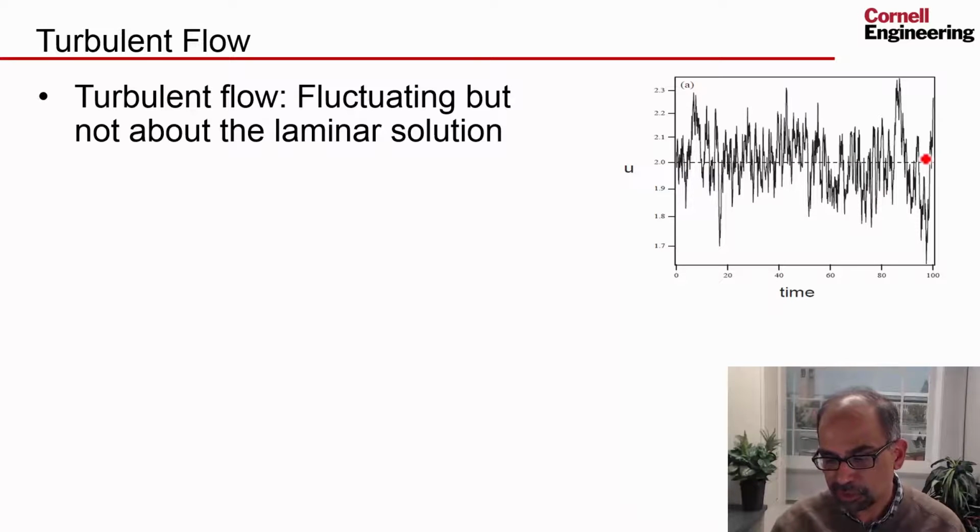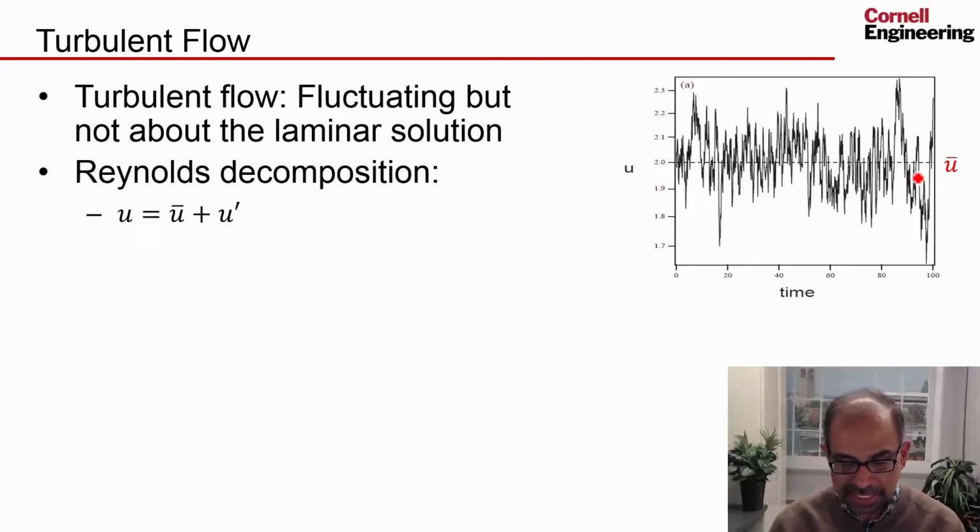But if I average over time, that average is not varying with time. In fact, this particular case would be called a statistically stationary turbulent flow. I can decompose the velocity into this average and a fluctuation. This is called Reynolds decomposition, and this average would be called a Reynolds averaged velocity.